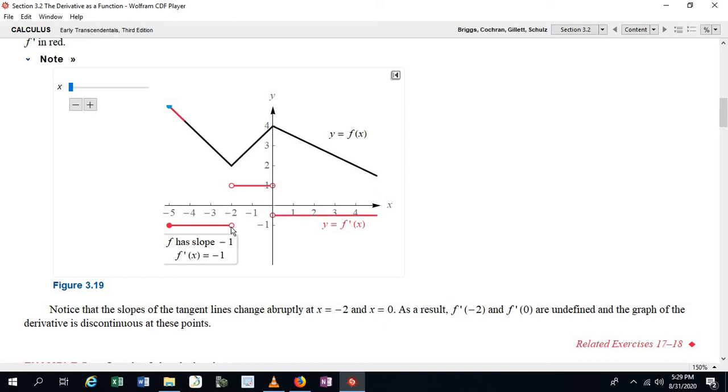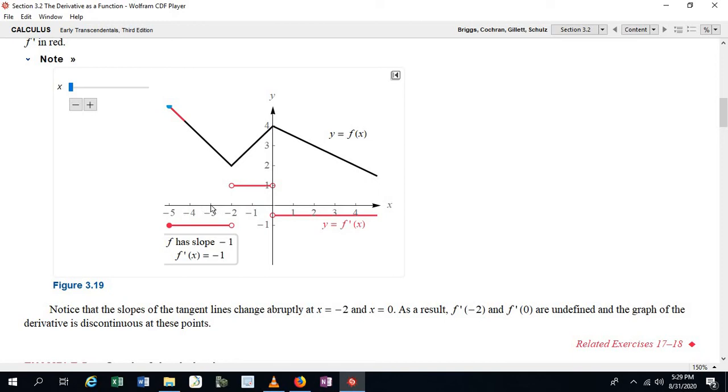Now notice that for f prime of -2, there is no ordered pair. That's because f prime at -2 is undefined. The reason it's undefined is because there isn't a tangent line at -2. If you look at the secant lines on the left-hand side of -2, let's approach -2 from the left.